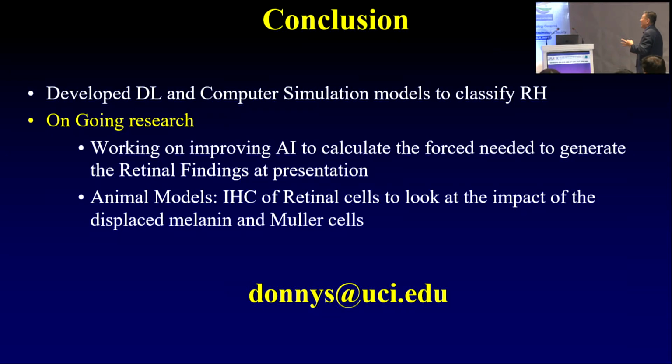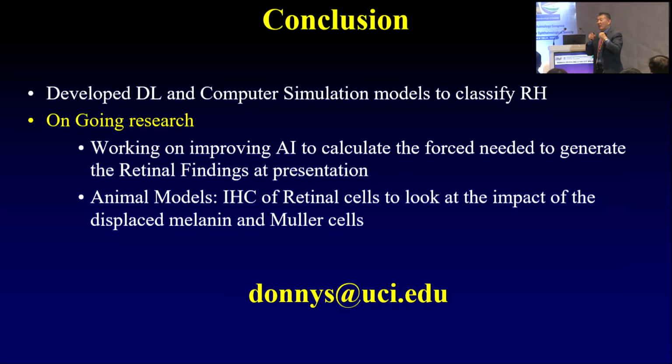So we're specifically looking at the impact of the melanin in the photoreceptors, and also the Mueller cells. The Mueller cells, as you recall, are kind of like a pillar of the retina. It starts from the external limiting membrane all the way down to the internal limiting membrane. It's the only cell that spans the entire retina.